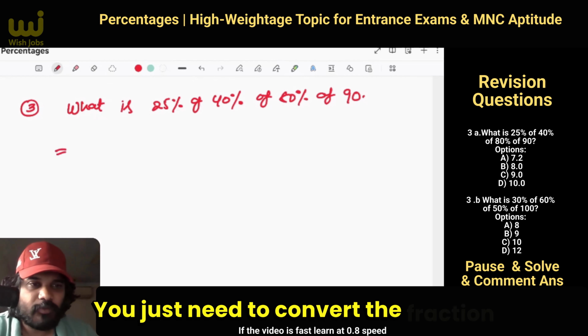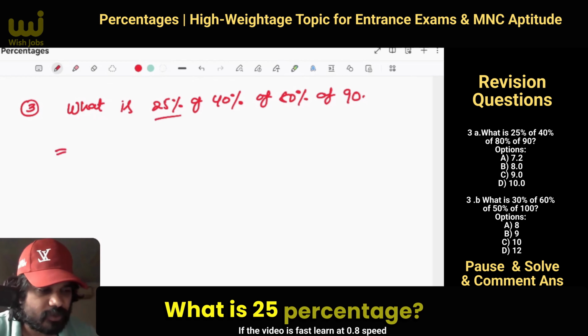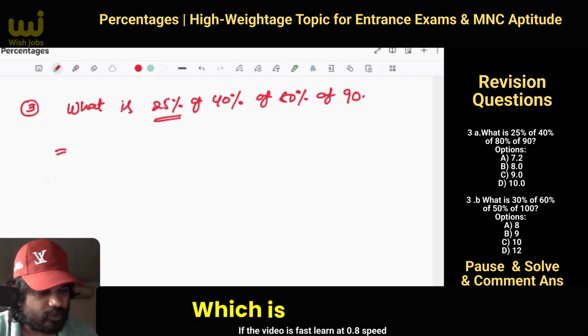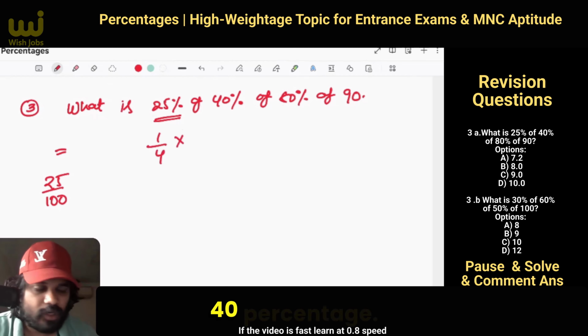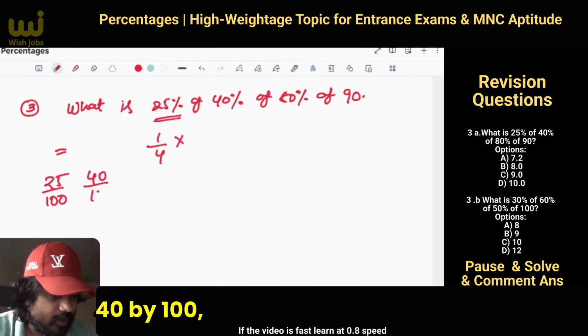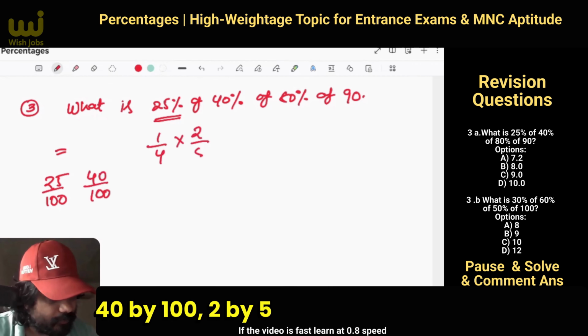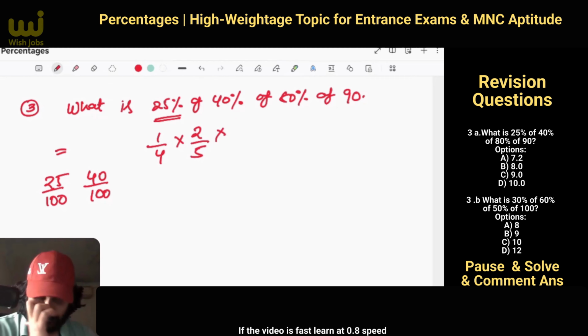You just need to convert the percentage into fraction. What is 25 percentage? Which is 25 by 100. 1 by 4. It is 1 by 4. Of means multiplication. 40 percentage, 40 by 100. 2 by 5 into 80 percentage.